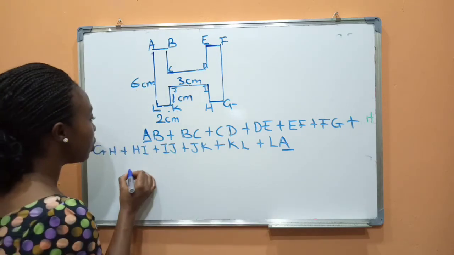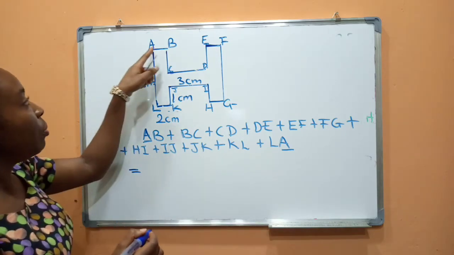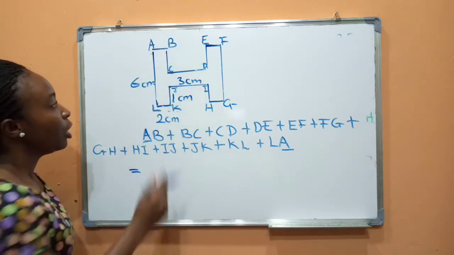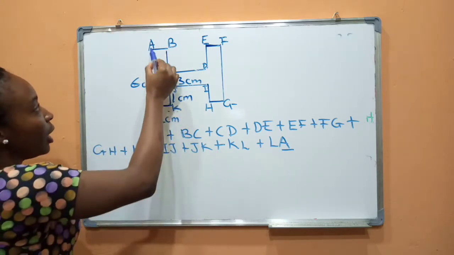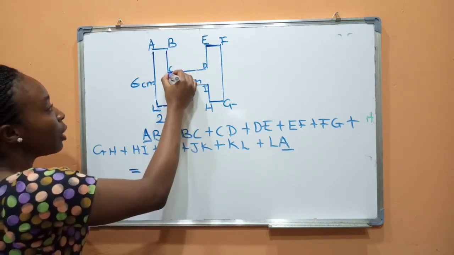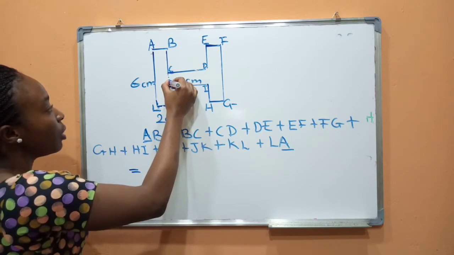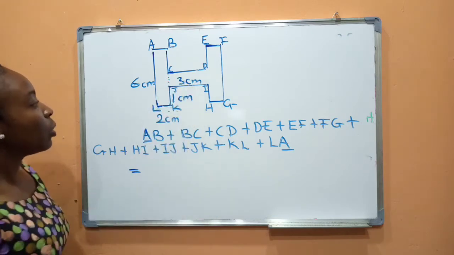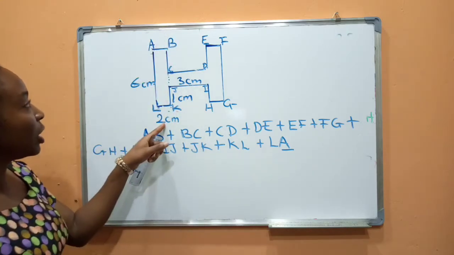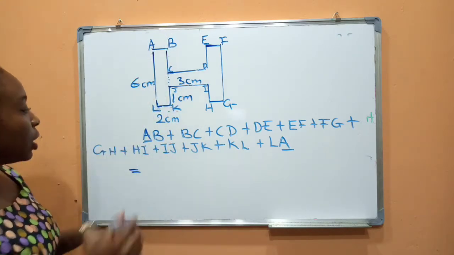So the next thing, let's look at AB. Now we are not given the value of AB, but if you take a look at AB and LK, it forms a regular shape, okay? It forms a rectangle. So that means here is equal to here. So if we have 2 centimeter here, we are going to have 2 centimeter here.